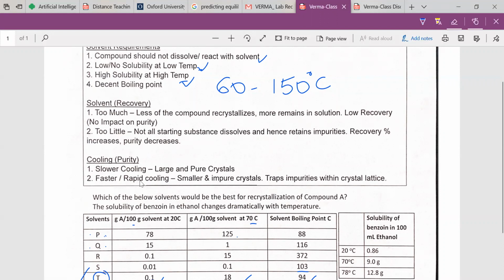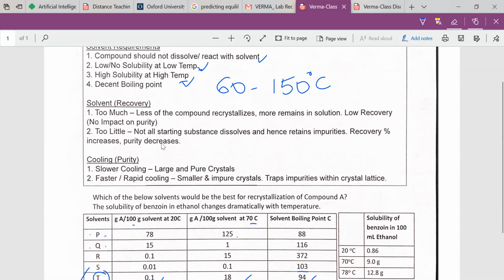But if you force cool it, for example, if you have a hot solution and you plunge it into ice, you are immediately trying to cool your solution. You will trap impurities also within the crystallizing molecules in their crystal lattices, and hence you will get impure crystals.